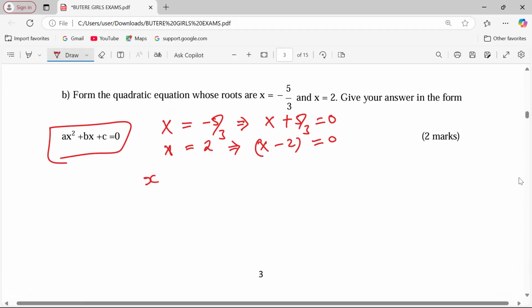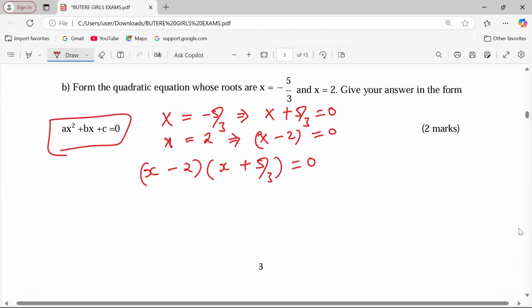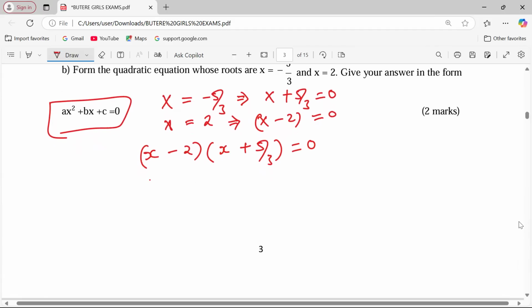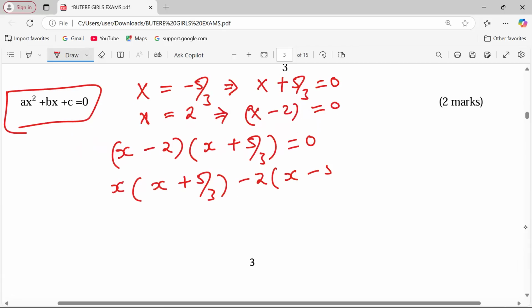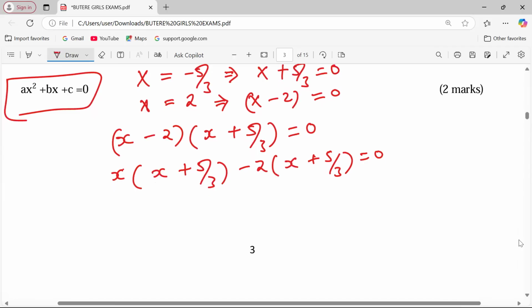So x minus 2 and x plus 5 over 3 equals 0. So now we expand x into x plus 5 over 3 plus, okay, negative 2 now, negative 2 into x plus 5 over 3, equivalent to 0.